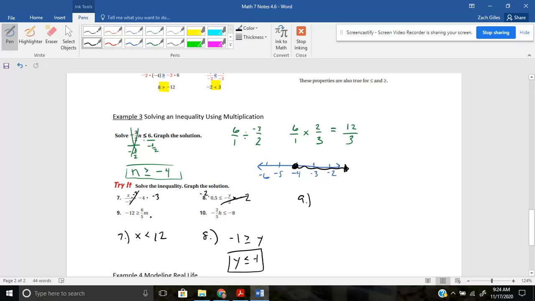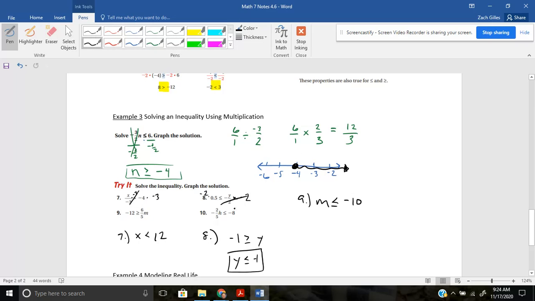Number 9, divide by 6/5 on both sides, or in other words, multiply by 5/6, multiply by the reciprocal. You should end up at m is less than or equal to -10. And here you multiplied by a positive in your first step, so you don't need to switch it right away.